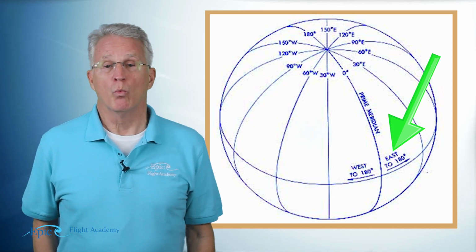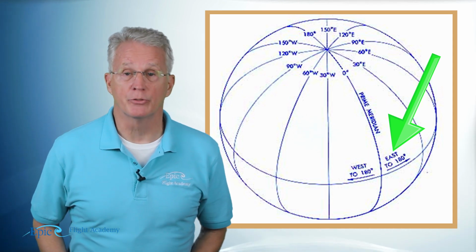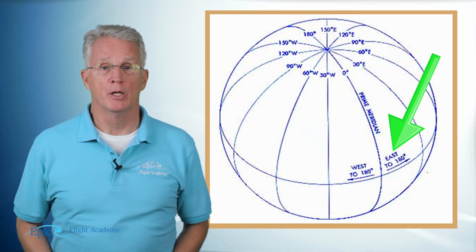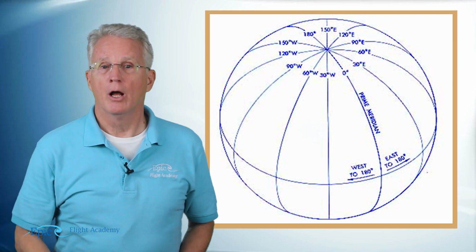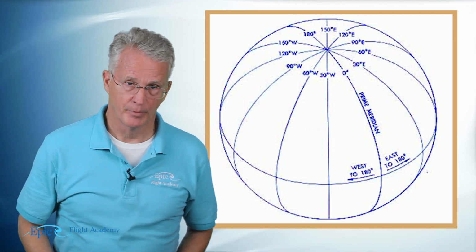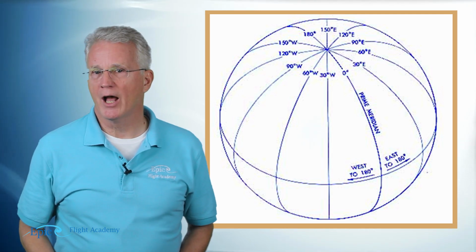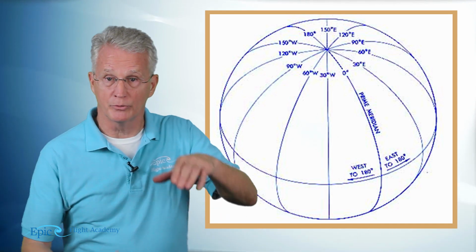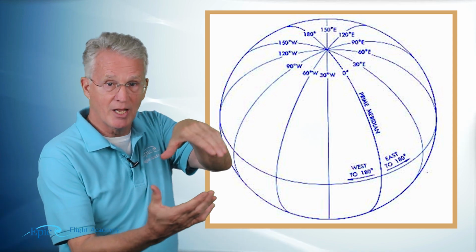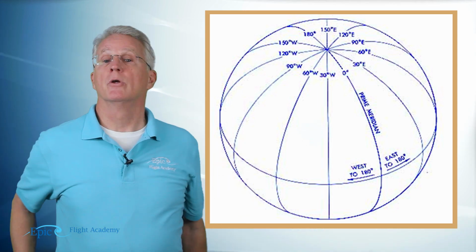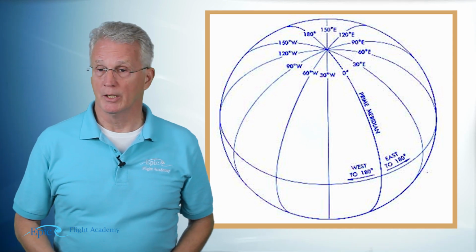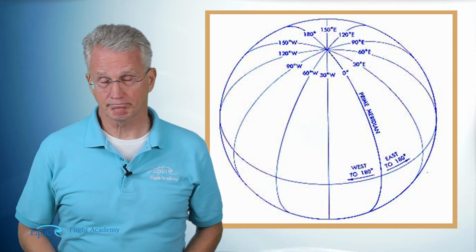Together, west and east longitude adds up to 360 degrees of longitude, coming full circle around the planet. Notice how the circumference of the lines of longitude stay the same as we move around the planet. Now, this will be important in just a moment.